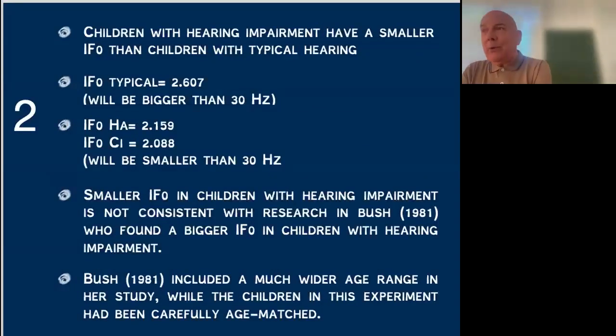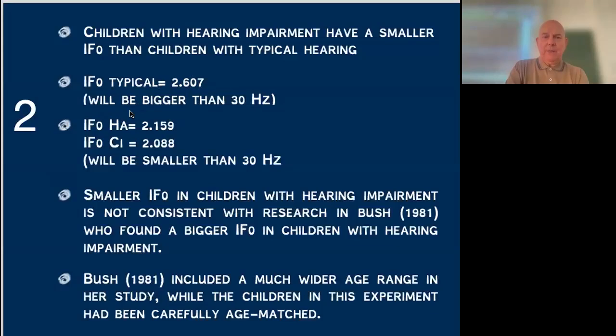I think the more important finding, though, is that there is a significant difference in IF0 between children with typical hearing and the ones with hearing impairment. Typical hearing children have, and yeah, this is a Z-score value, I think, if I remember well.